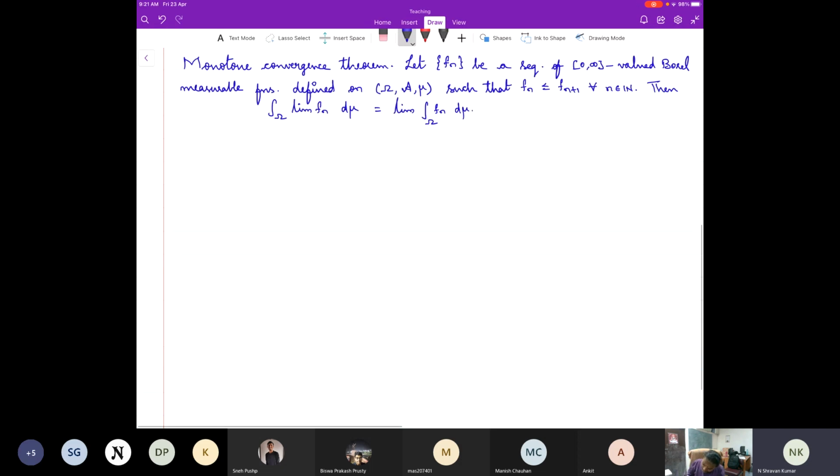Right, so now let's get into the proof. This is one of the theorems which says that the limit and the integral can be interchanged. This is one of the very powerful theorems.